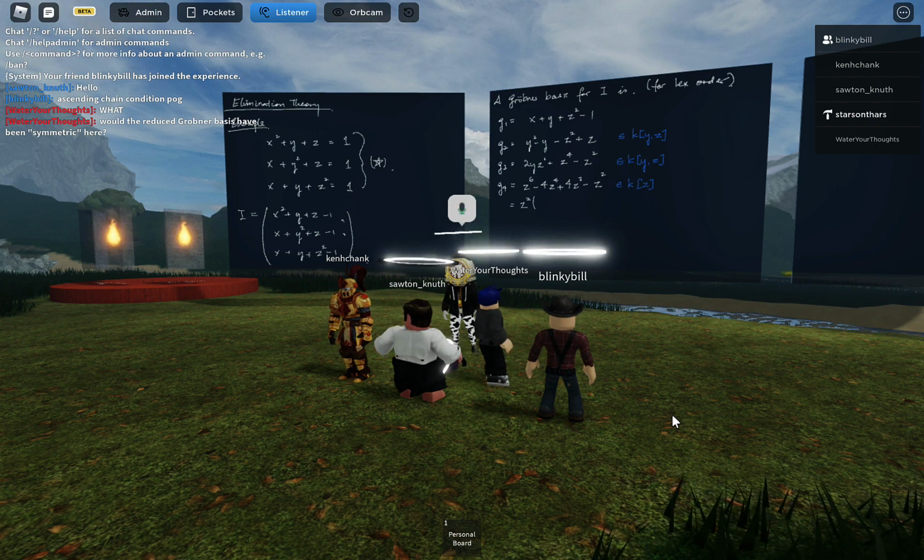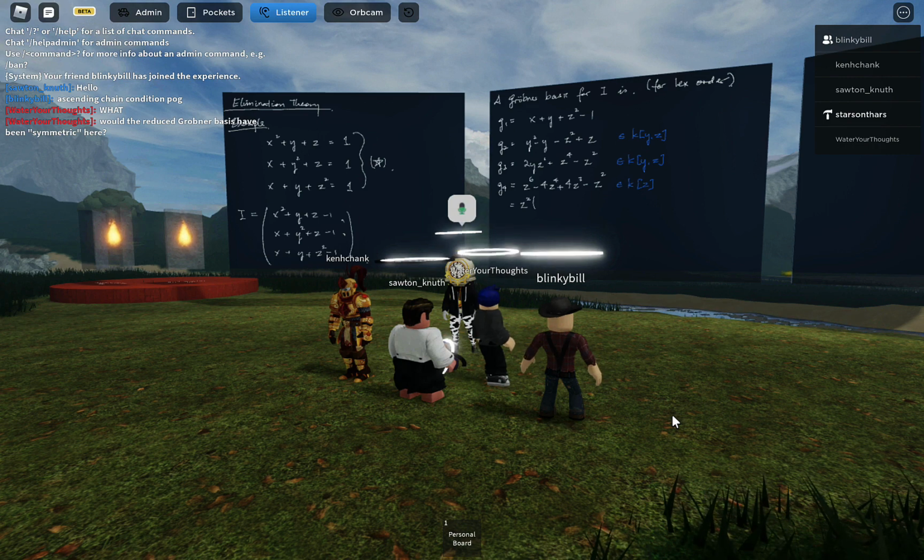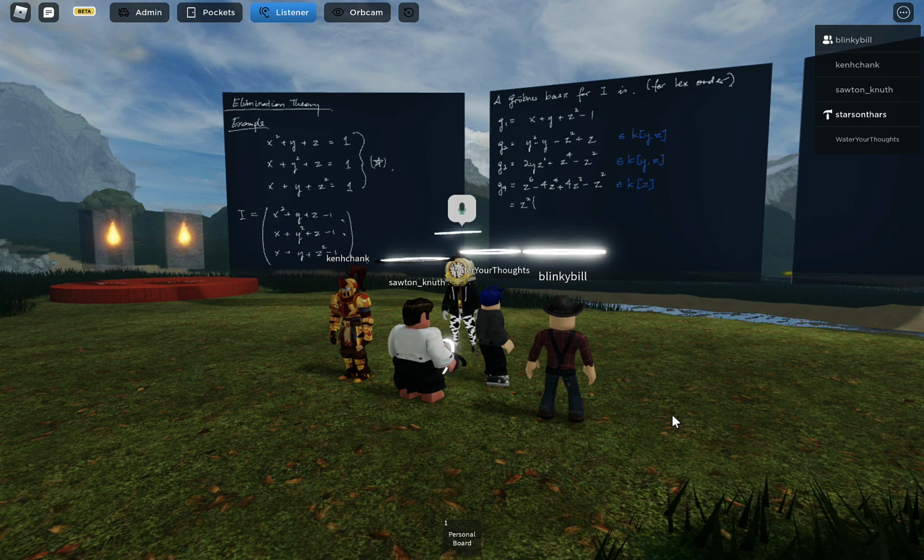So a reduced Grobner basis is the most explicit expression of an ideal. Explicit in the technical sense that if you have two explicit presentations of two ideals in that way, then you can tell if they're equal or not by just looking at the coefficients. So it's like the normal form of an ideal. But that doesn't mean that it's the most intelligible form of presentation of the ideal.